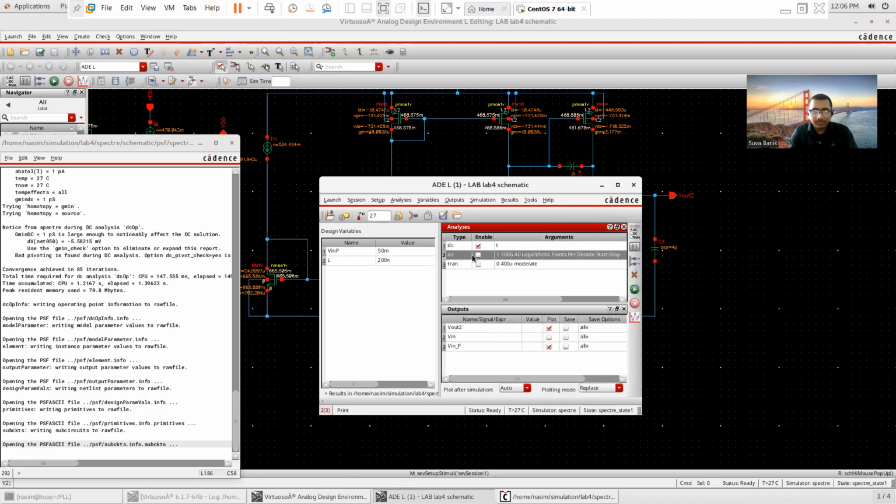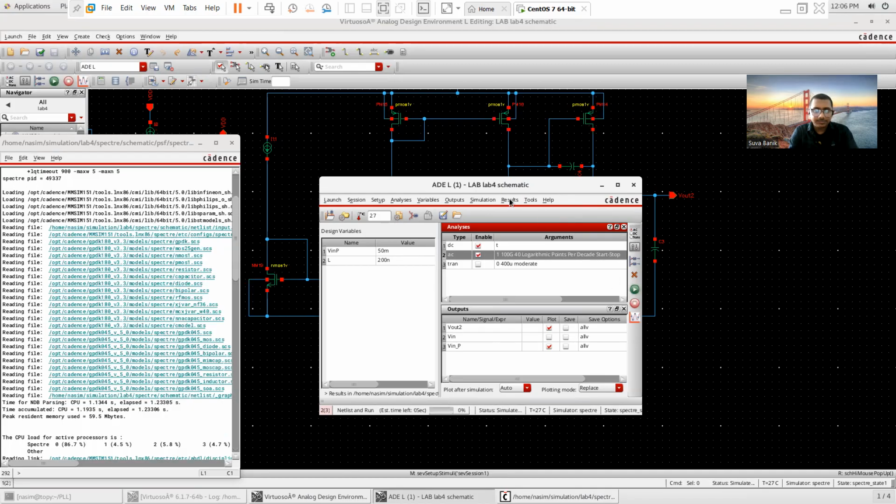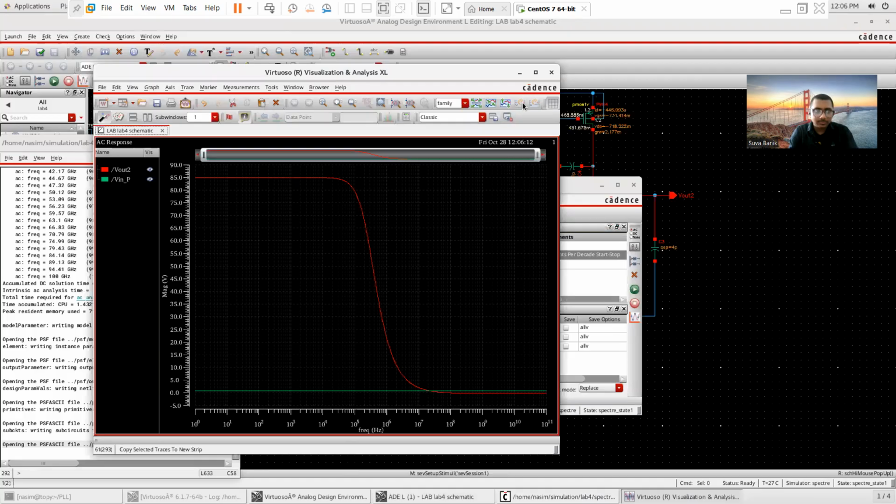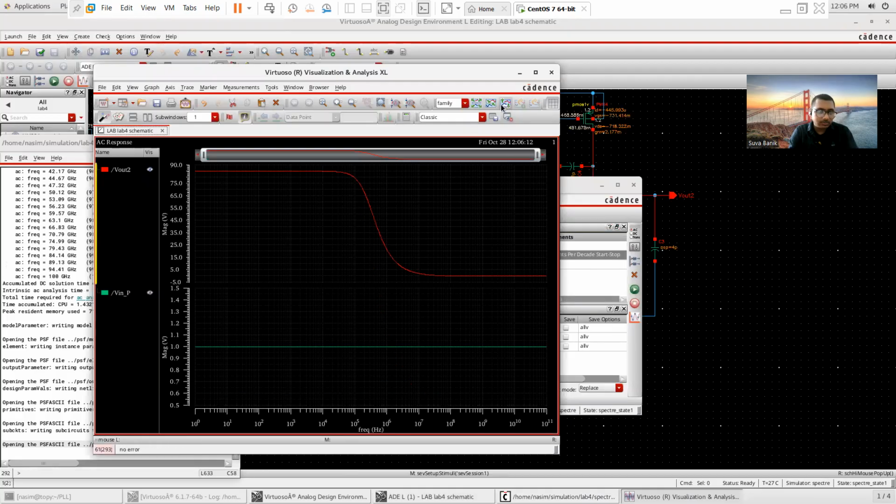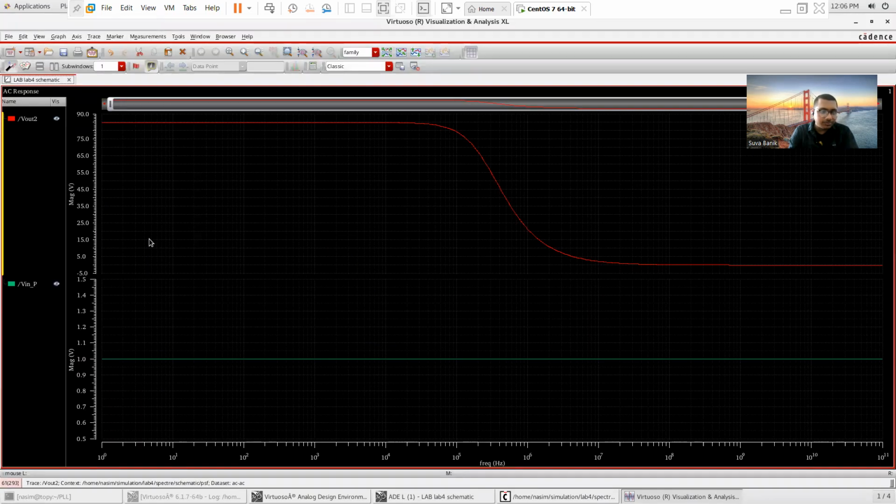What is the problem? Okay, I forgot to activate this. Here you can find my AC voltage.